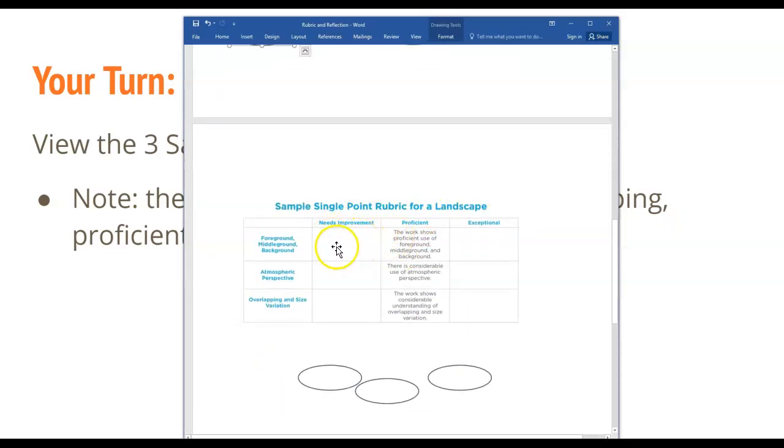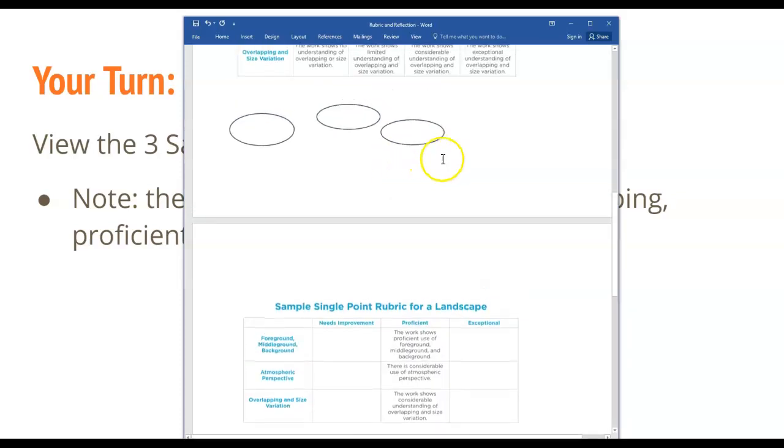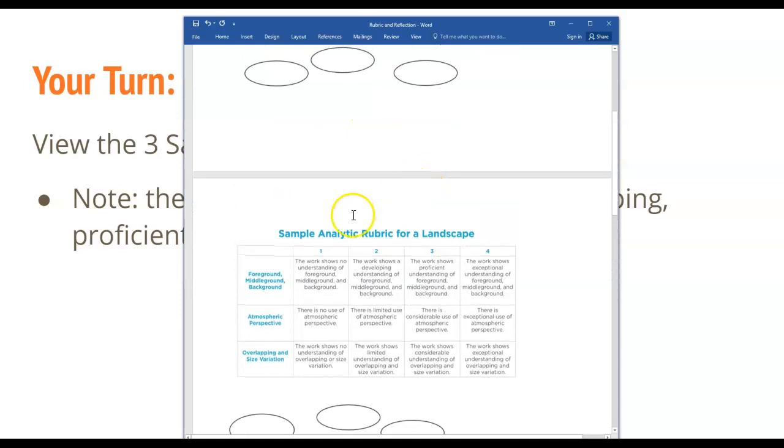If you need to give us some feedback concerning a criteria that might need improvement or a criteria that might be above proficiency, what you could do is put your cursor here and provide some feedback down below, typed up like that. What's important for you as we engage in this is that you complete this activity, save it, and then upload it to my USF in order to receive credit for today, Monday, March 30th.